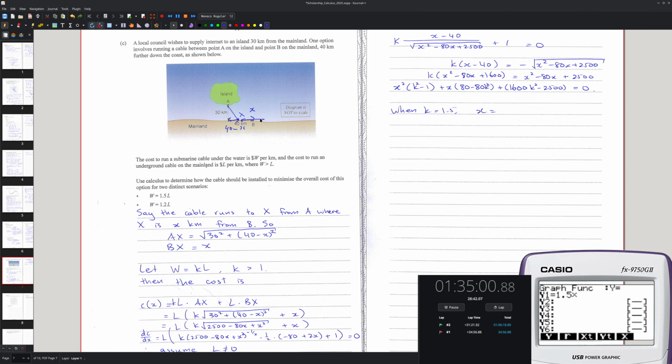Like 1.5 times square root of 900 plus 40 minus x squared plus x. Zoom out. Minimum 13.16. Okay. Now what about 1.2? Solve minimum.